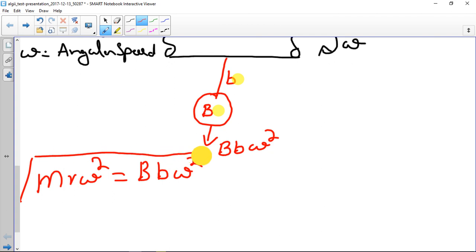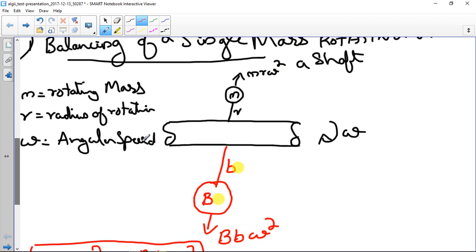This is the condition for balancing. We are not putting a mass equal to M with radius exactly equal to R, but we are putting a mass B with radius b such that it will create the same centrifugal effect as that created by the disturbing mass M.